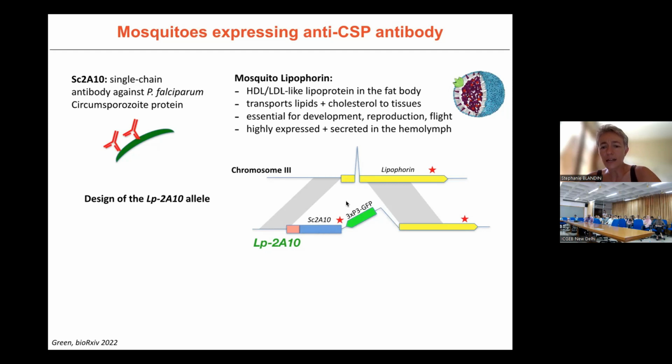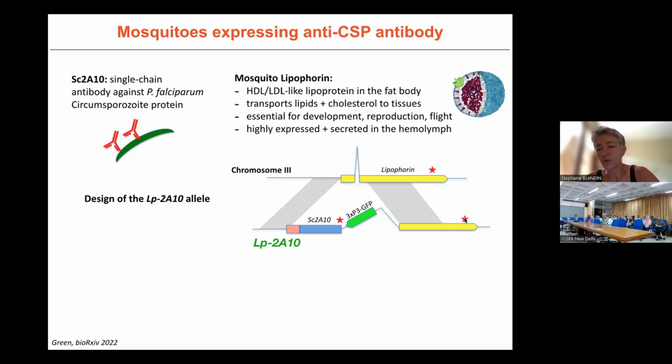Then he used the big intron here to insert a marker so that our mosquitoes would express GFP and be easily noted. And then that's the rest of the protein. Because we don't want the first part of the lipophorin gene to be bound to our antibody, we want them separate, so we introduced a proteolytic cleavage site that is the same as the one already present in the lipophorin gene.